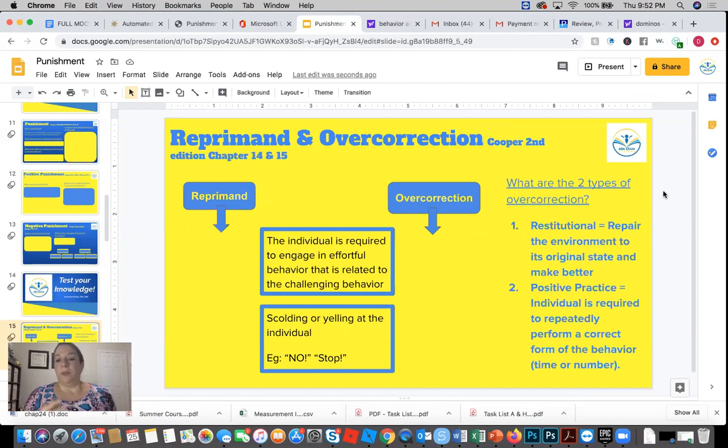All right, so the two types like she mentioned, restitutional and positive practice. Restitutional is a way to repair the environment to its original state, and we're gonna make it better. And positive practice, like she mentioned with her example, is when an individual is required to repeatedly perform a correct form of the behavior using time or number.